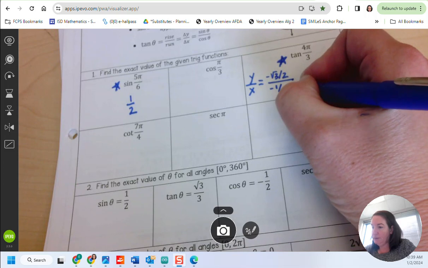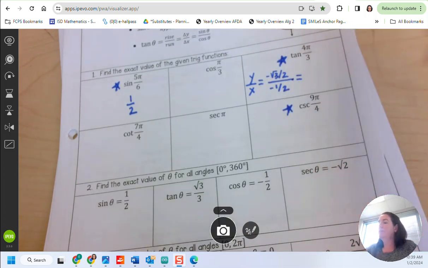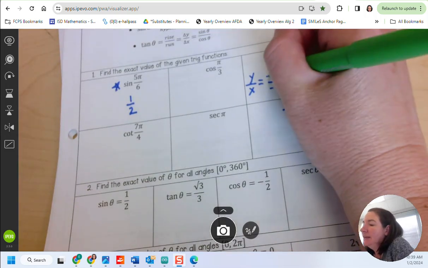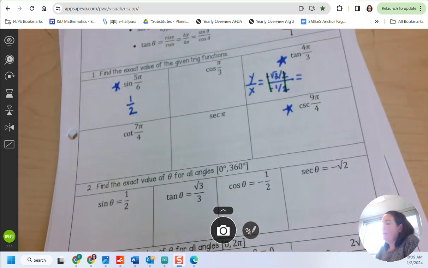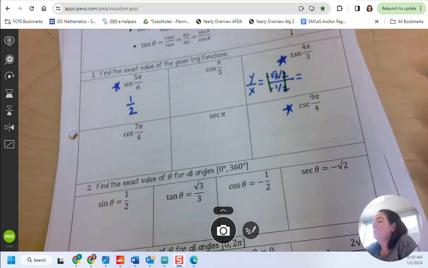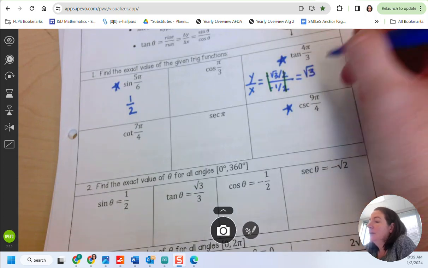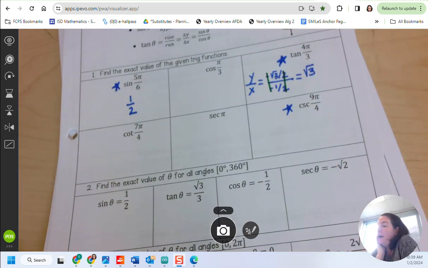Is that right? All right, so tangent is the y over the x. So I made that ratio. The over 2's cancel out. The negatives cancel out. And so I just have root 3 over 1, which is just what? Just root 3. So the tangent of 4 pi over 3 is root 3.